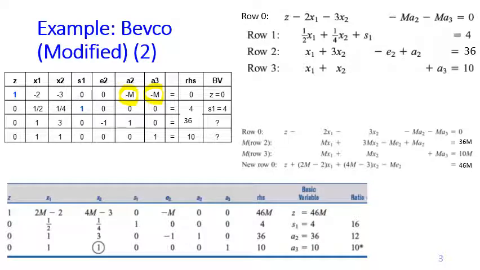This is a canonical form in which the basic variables are S1, A2, and A3. This is what you've seen before, right? And then how to eliminate these two coefficients from row 0, you need to do this: the old row 0 plus M times row 2 plus M times row 3, and then sum all these three equations, you will obtain the new row 0 that you write down here.